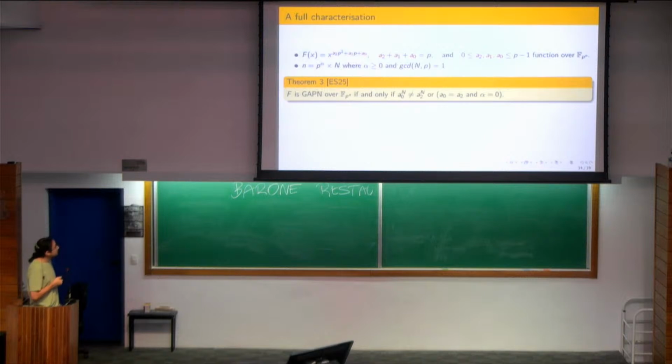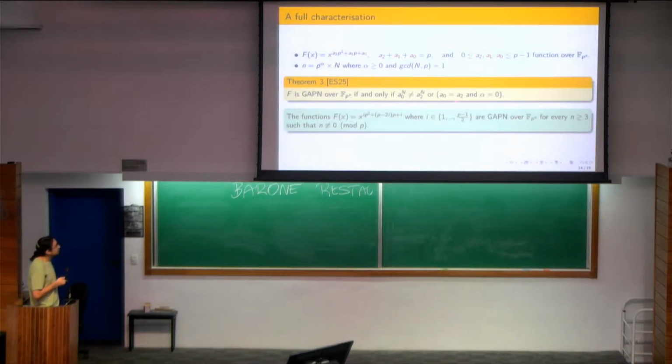F is GAPN over F_p to the power of n if and only if one of the conditions here or here is true. As an example, if we take A0 equal to A2 and alpha equal to 0, we have this function. And these functions are GPN for every extension degree n greater or equal to 3, and n is not divisible by p.